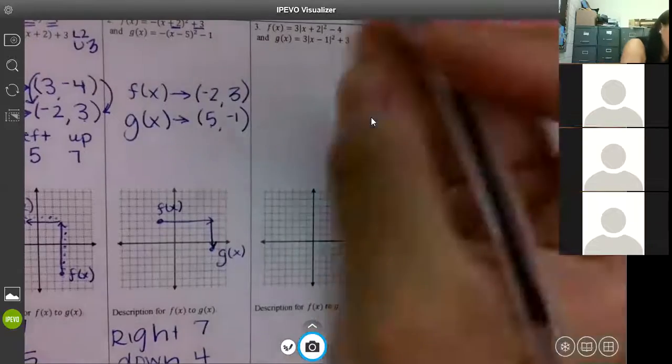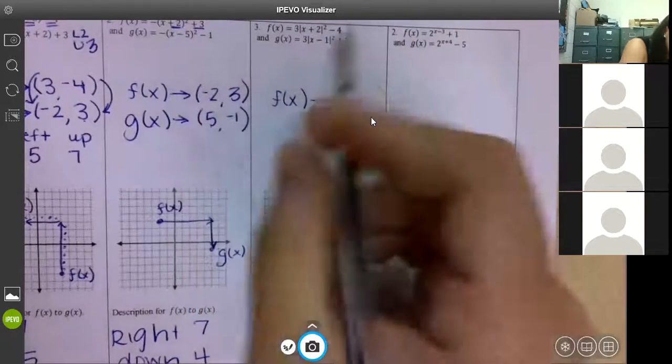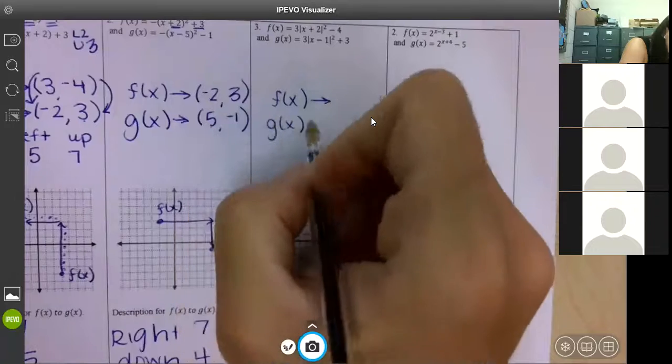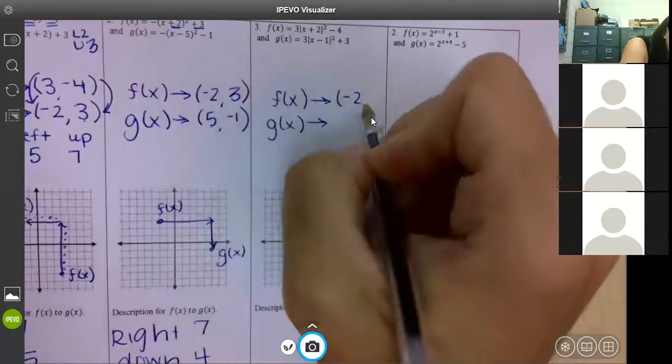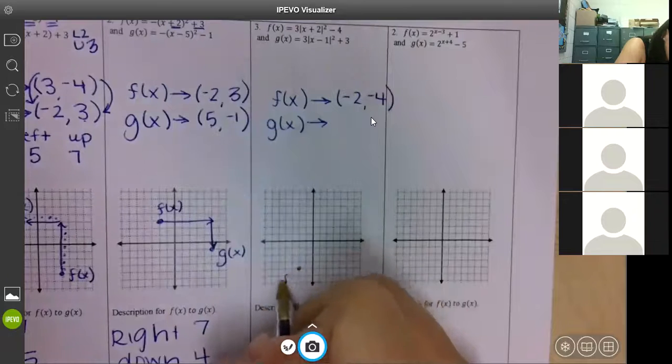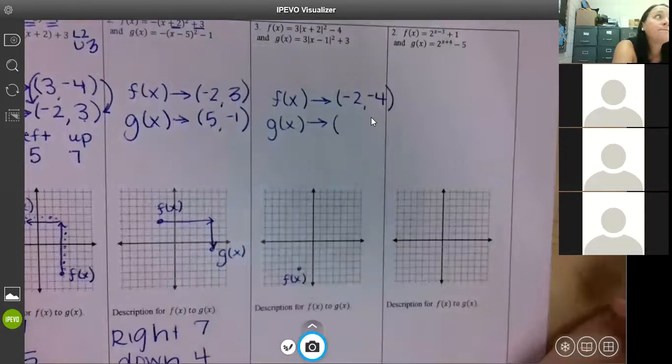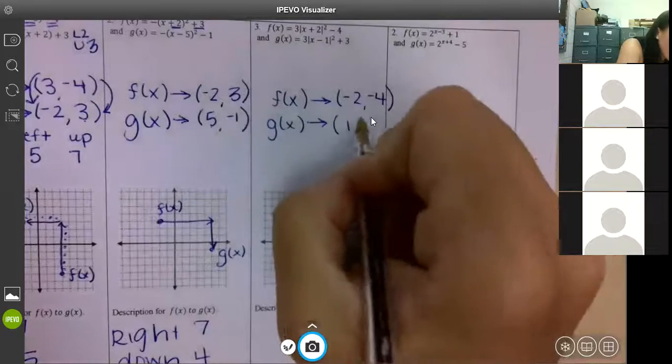All right. Number 3, what's your coordinate for f of x? -2, -4. Change x, keep y. For your g of x, what's your coordinate? +1, +3.